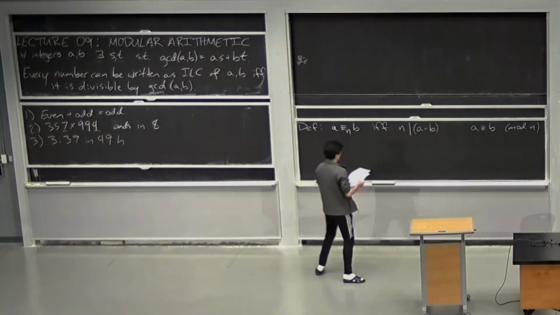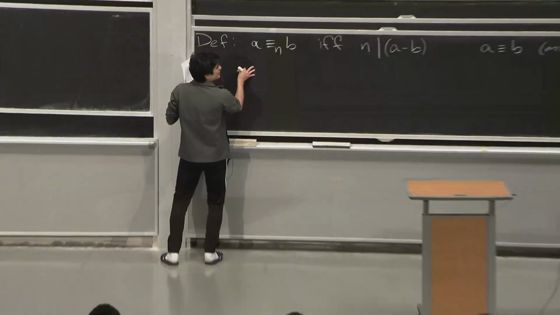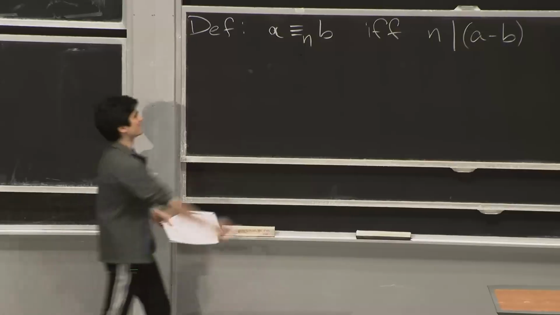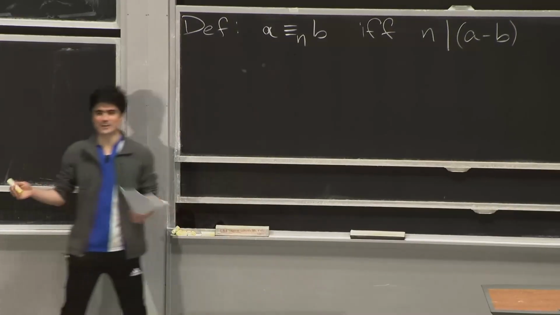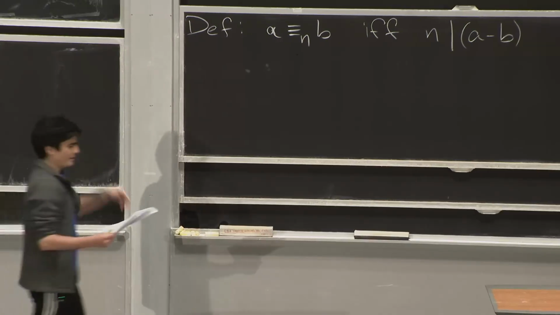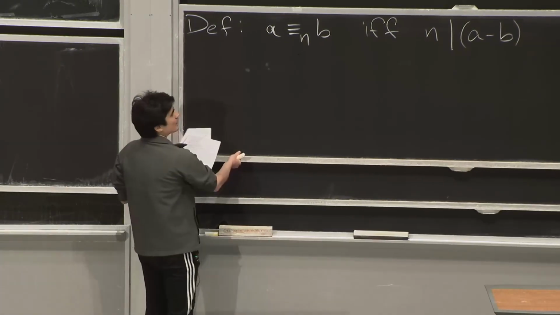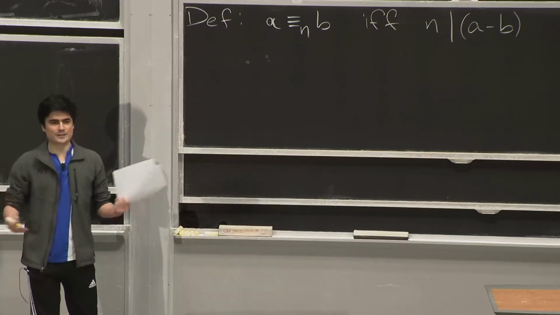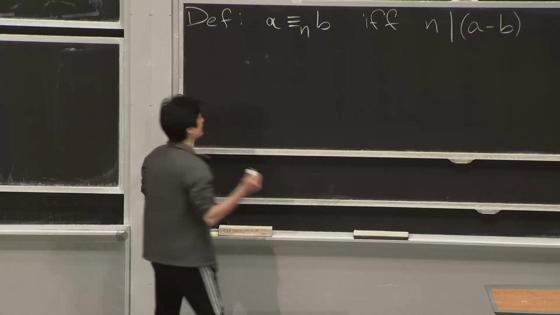Okay. So basically, we would like to consider a and b to be the same. You can think of this, roughly speaking, as equals, if n divides their difference. So for example, if we're working modulo 5, there are only 5 different distinct values.